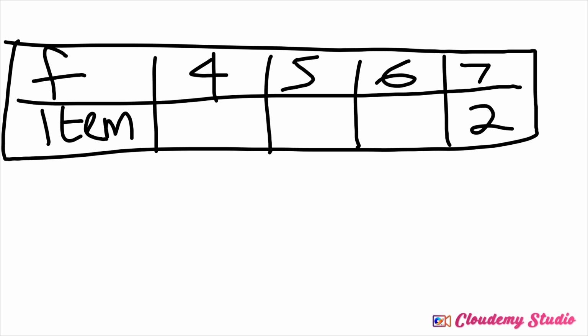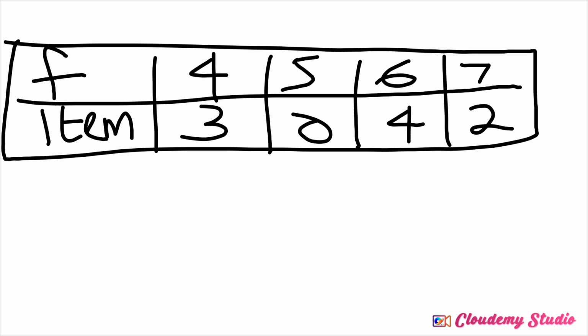Here is 2, here is 4, here is 3, and here is 0. So there's no 5, but we have 4 threes. 5 is 0, 6 is 4 times, 4 is 6 times, and 2 is 7 times.